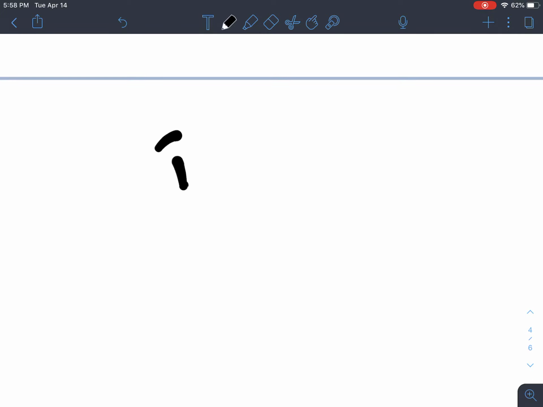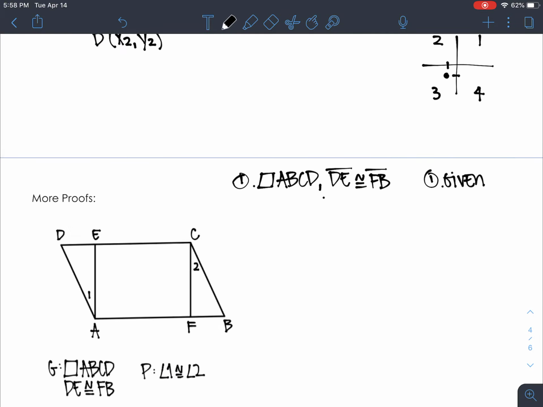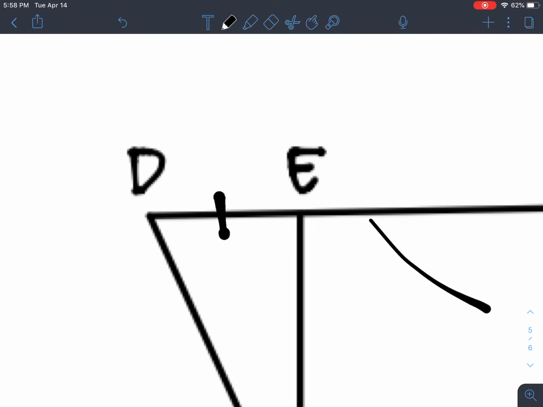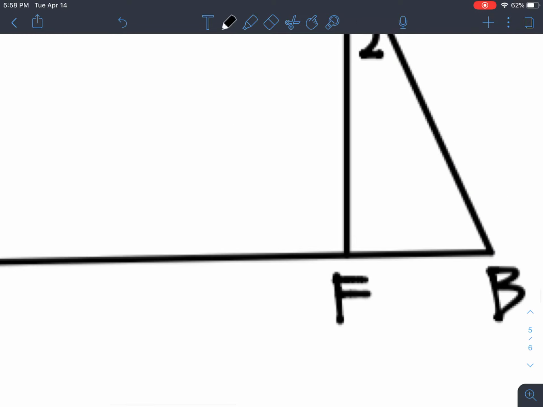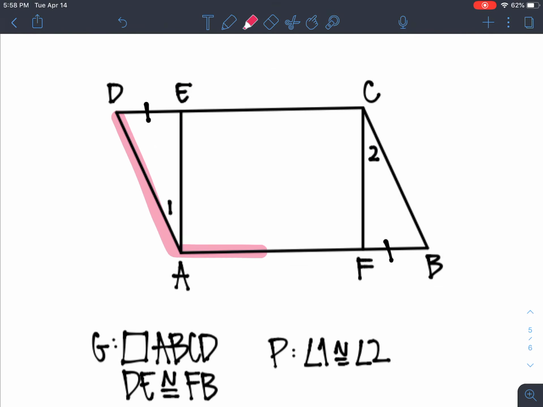And let's just kind of mark up what we're given and then try to get a game plan. So we're given that DE is congruent to FB. We're given that this right here, ABCD, is a parallelogram. So this full thing right here is a parallelogram, okay? And what we're trying to prove is that angle 1 is congruent to angle 2.